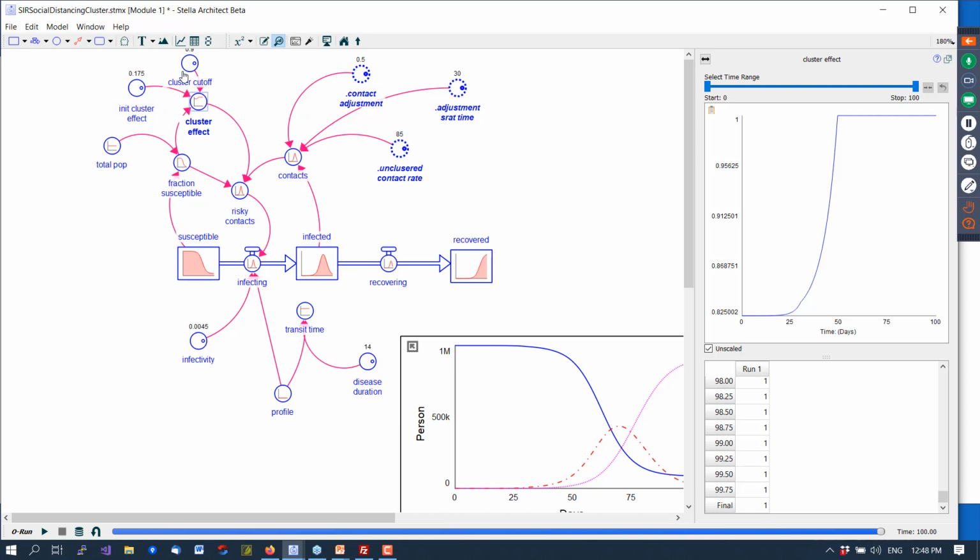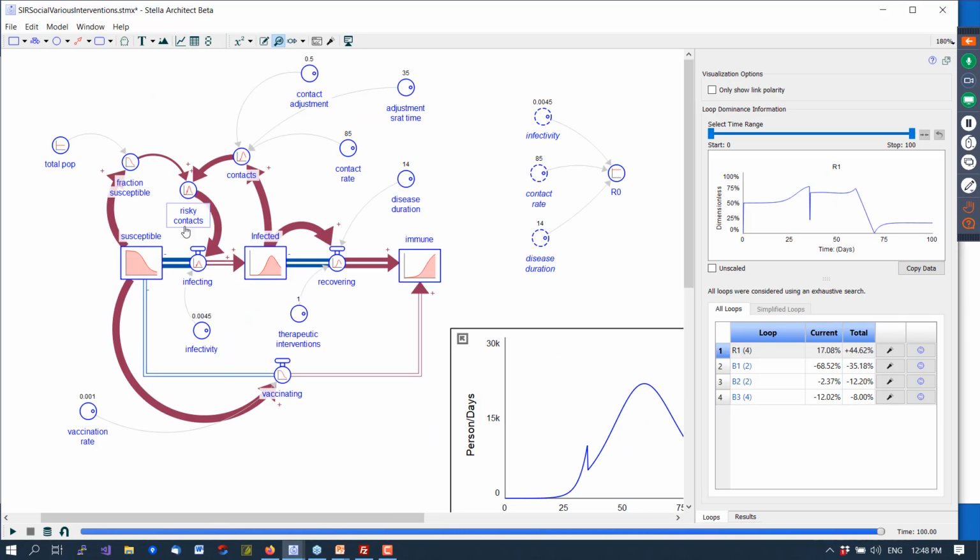This doesn't end up being very important when more than 10% or so of the population has been infected. In fact, I think the cluster cutoff is 10% here. But it can be very important early on. And in very early stages of a disease, it is extremely important for doing contact tracing and whatnot.